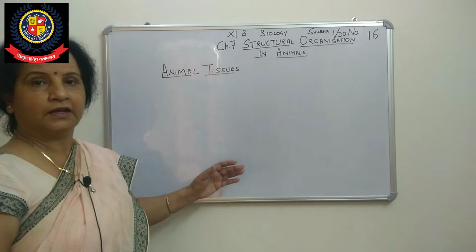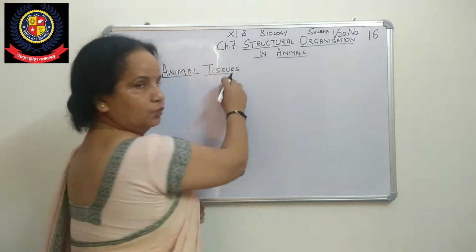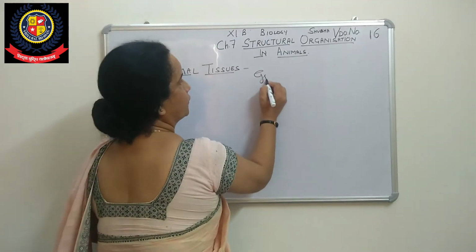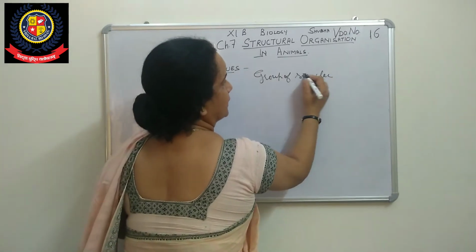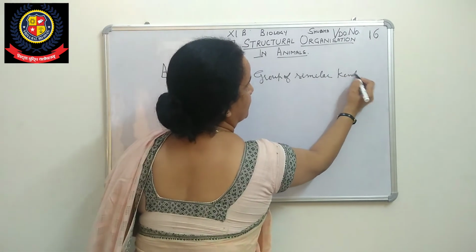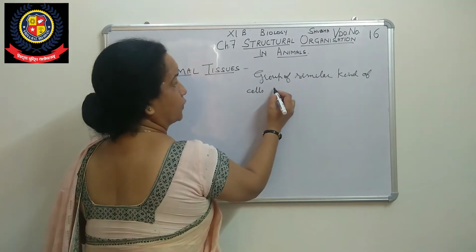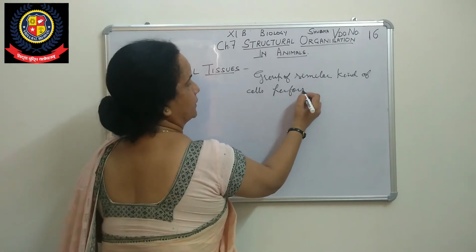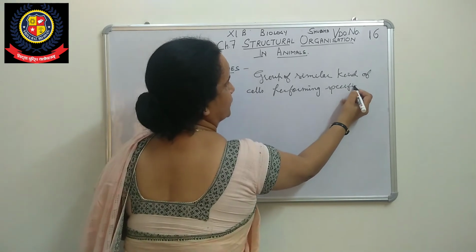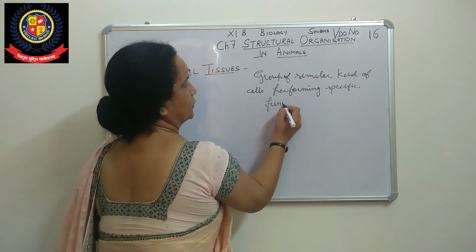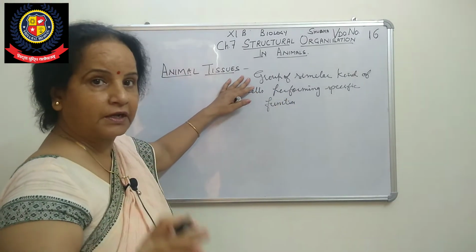Those cells are combined together, and this is the definition of tissue: a group of similar kind of cells performing a specific function.